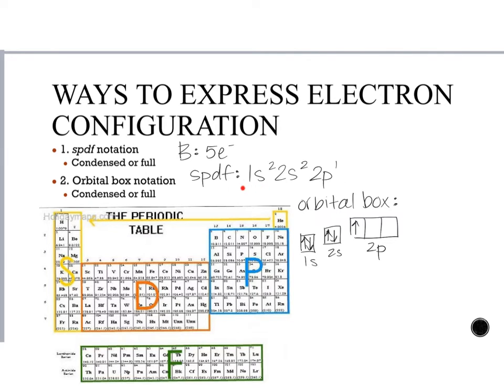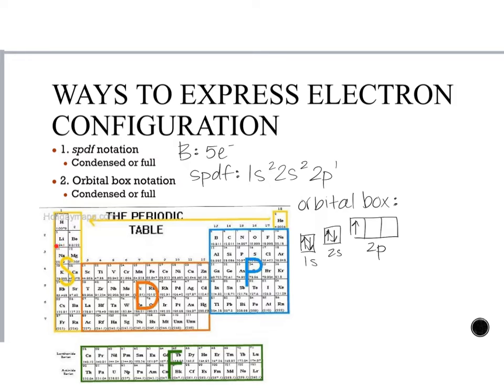So the lowest sublevel energy is 1s, and there is 1 orbital for the S block. So that means it can contain a total of 2 electrons. The second sublevel is 2s, the second period, and in the S block.